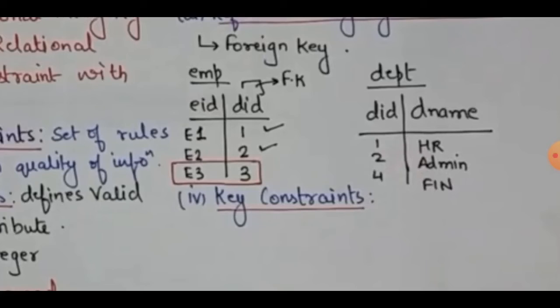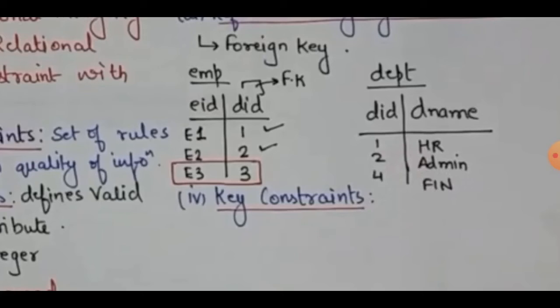So every value in the employee table's department ID has to be in the department table. Here the first input is E1, 1, which is also in the department table. E2, 2 is also in the department table. And the last one is E3, where we have entered 3, which gives you the error because that 3 is not in the department table.